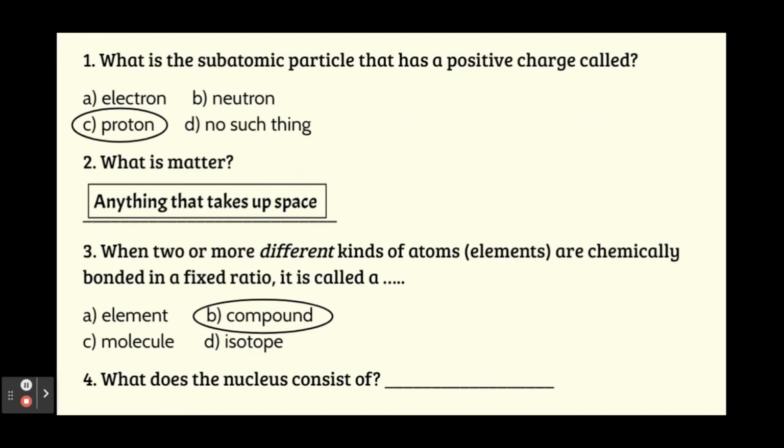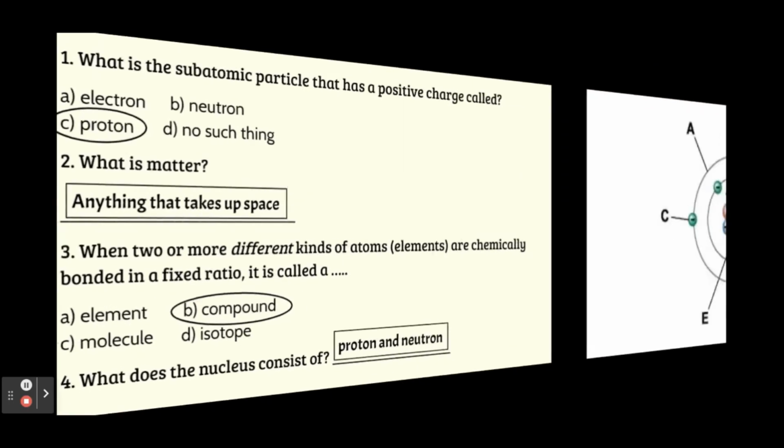So we'll talk about that later if you don't know what that is. Number 4, what does the nucleus consist of? The answer is protons and neutrons. The nucleus consists of protons and neutrons, like we talked before, and the electrons surround it in the electron cloud.